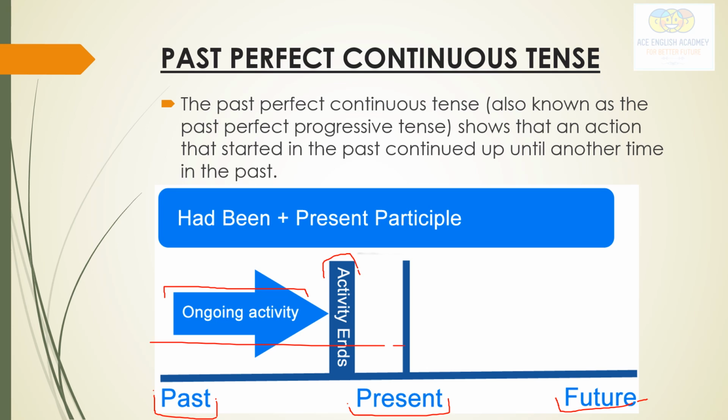See here, the past perfect continuous tense, or what else do we call it? Past progressive, perfect progressive tense. It shows that an action that started in the past continued up until another time in the past.